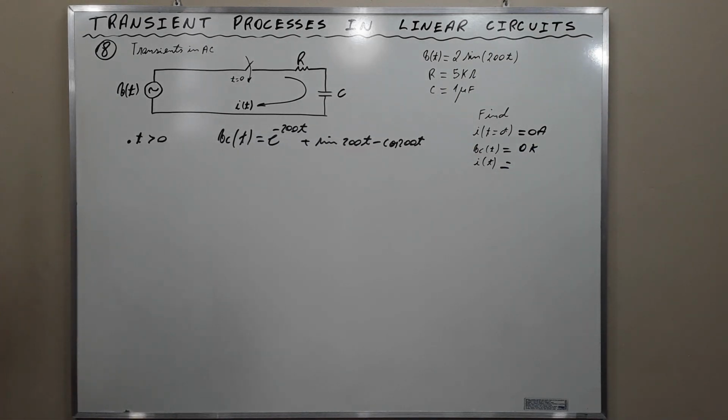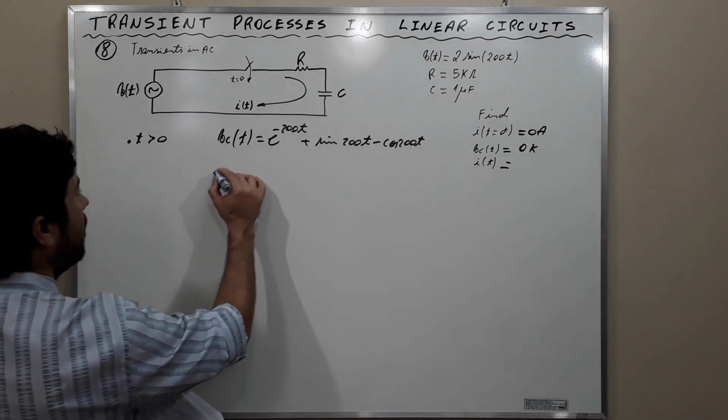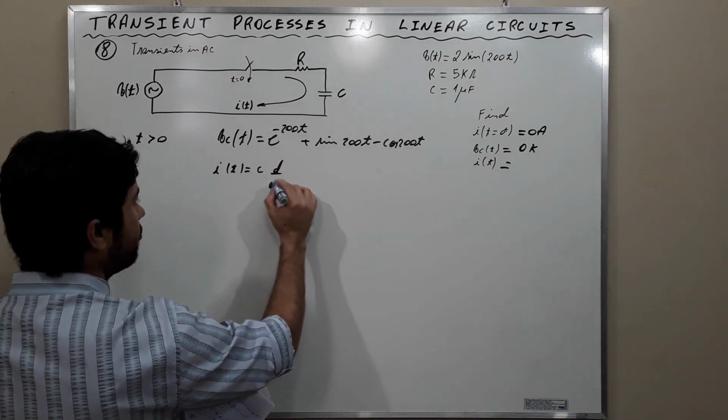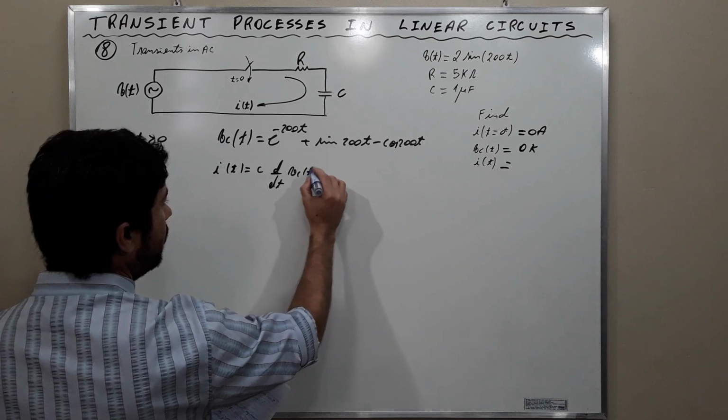To find the current, we simply differentiate this. We know that for the capacitor, I of t is equal to C times the derivative with respect to time of the capacitor voltage.